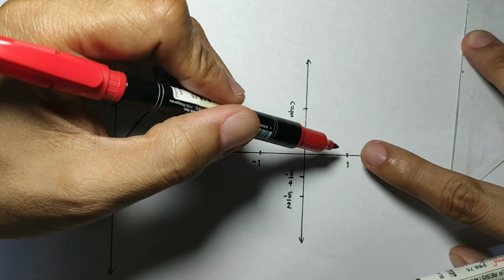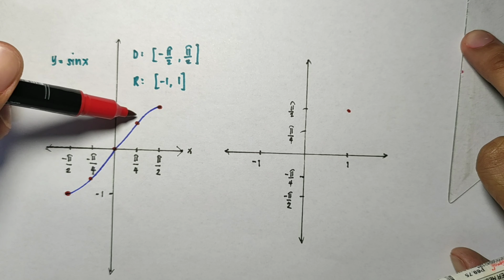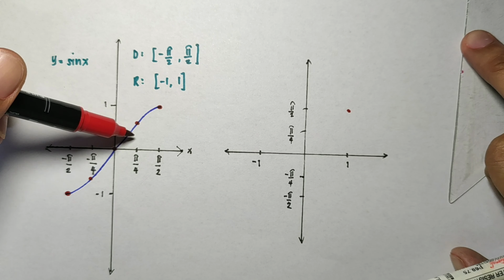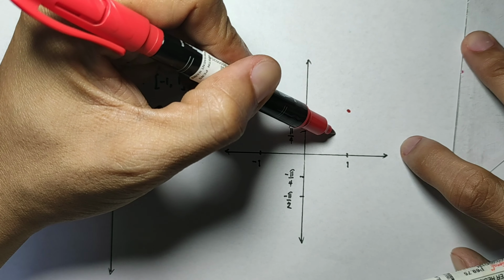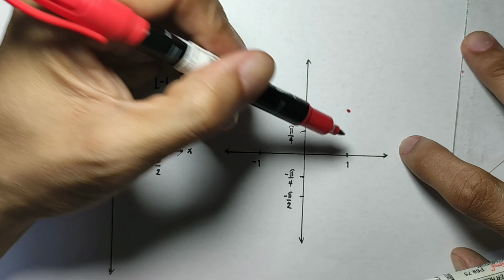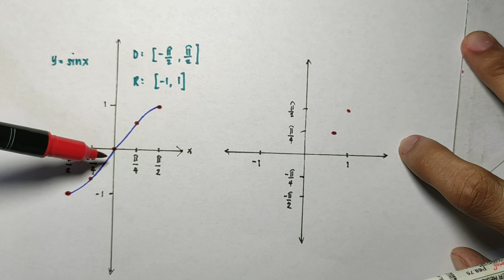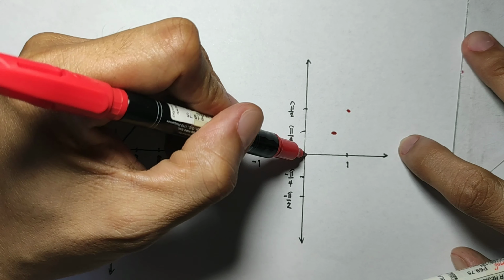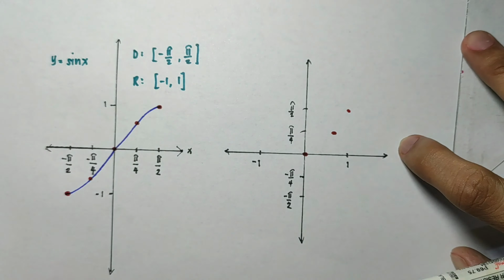Next is pi over 4 comma square root of 2 over 2, or 0.71. So here it is. Next, 0 and 0, if you interchange the domain and the range, that will be 0 comma 0 also.